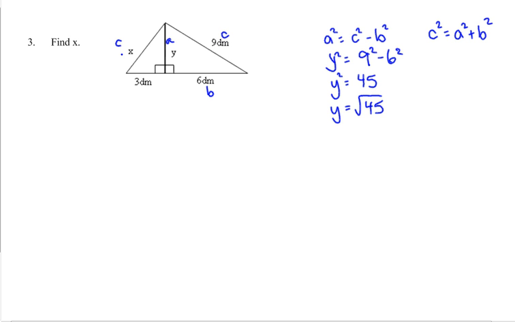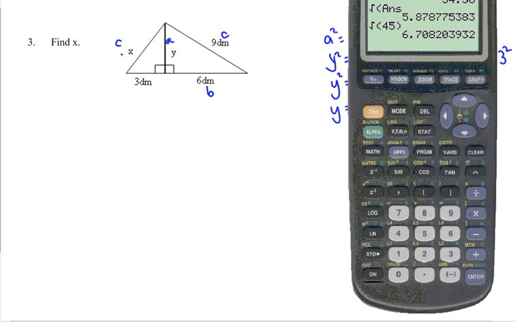I'm going to show you something. So x squared equals our y, which is root 45 squared, plus 3 squared. What happens when you square the root 45? Well, if I square my previous answer, it's 45.